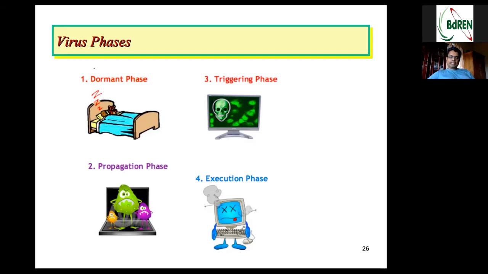All viruses keep some kind of signal for that. This signal is called the signature of a virus. This signature may be a number, a sequence pattern of execution, or a pattern of communication. By looking at that, the virus can understand whether it is already in that particular host program.